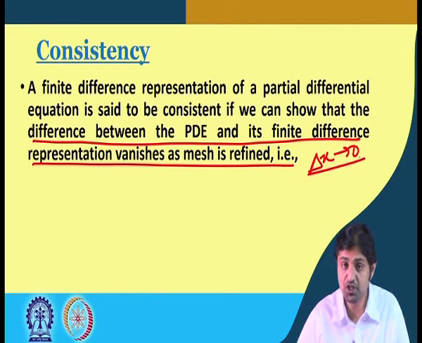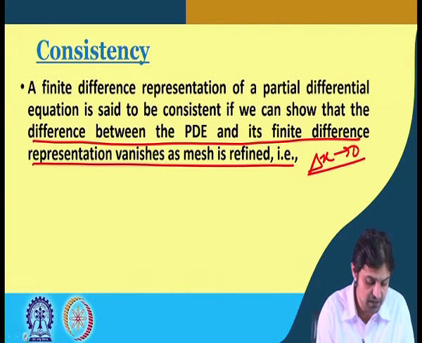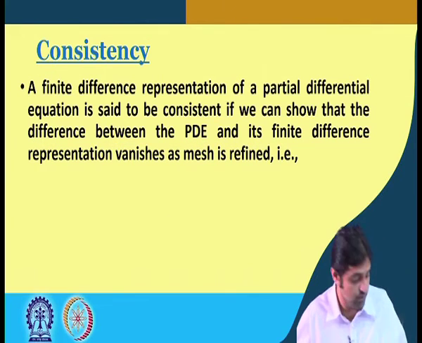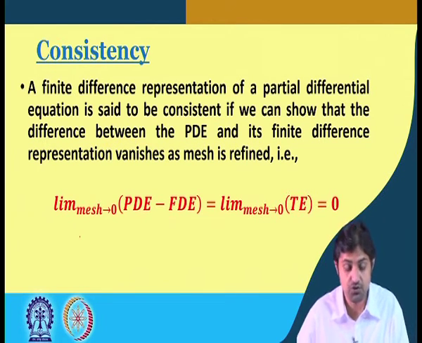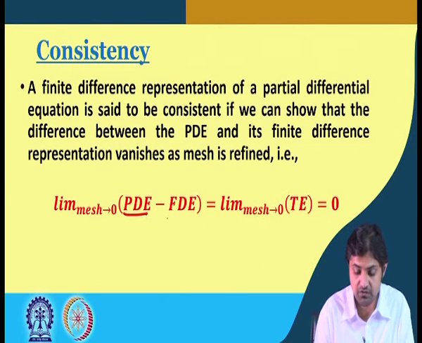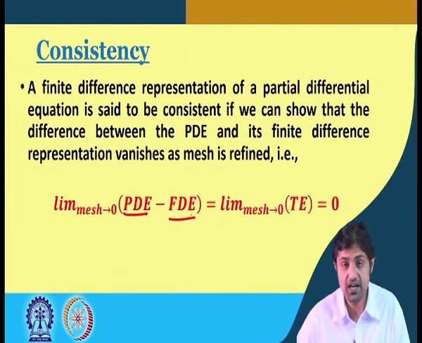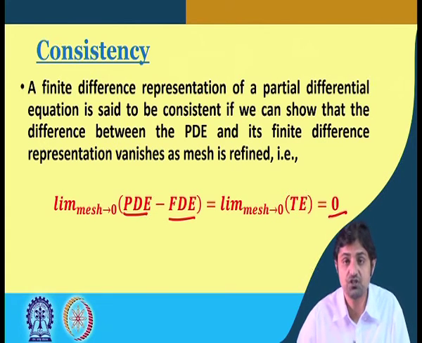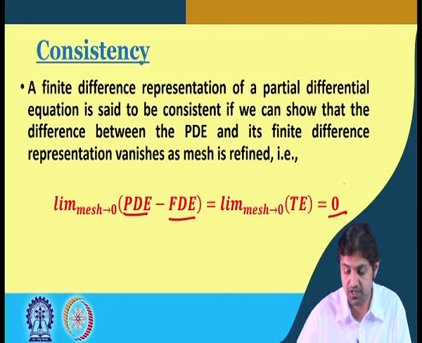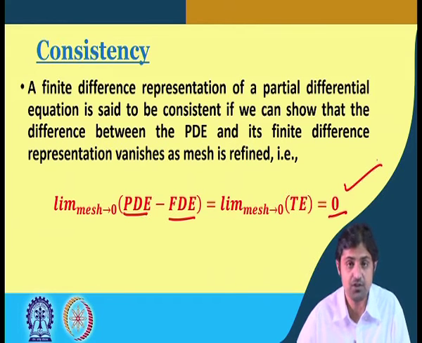Alright, as the mesh is refined. You remember we had this limit delta x goes to 0 in your limit analysis. So in the limit of mesh going to 0, the partial differential equation minus the finite difference equation goes to 0. If we are able to show that, that means our solution of the partial differential equation using the finite difference representation is consistent.